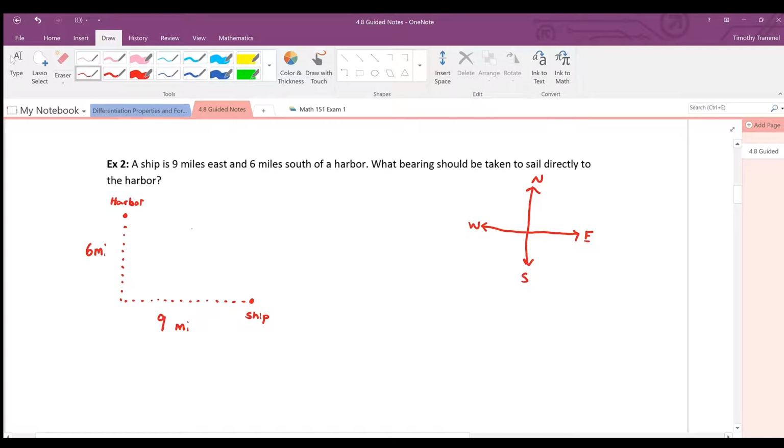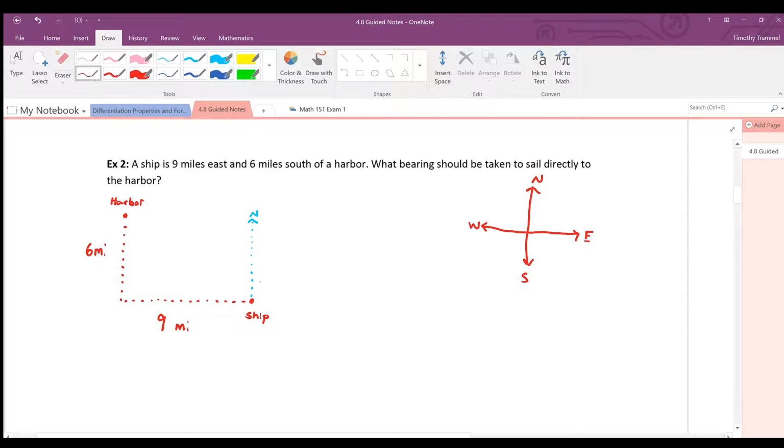Now, again, we're asked to find the bearing. So I'm going to sketch in something else here. You might be wondering what I am sketching in. I'm sketching in the north line there. That's going to be helpful because I want the bearing that this ship has to take to go towards the harbor.